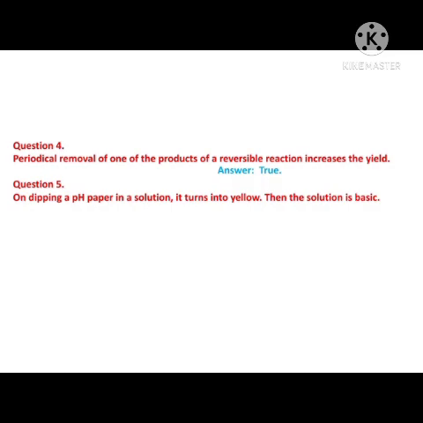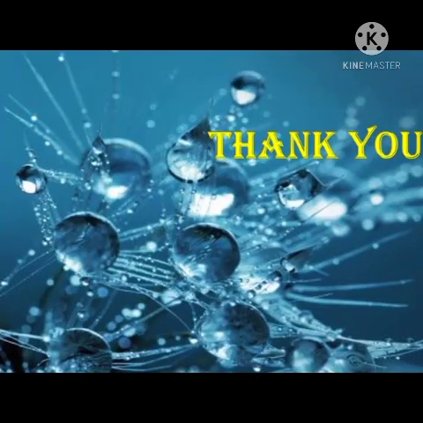Fifth one, on dipping a pH paper in a solution, it turns yellow. Then the solution is basic. Yes, that is also true. If our solution is basic, definitely the pH paper turns yellow. Thank you.